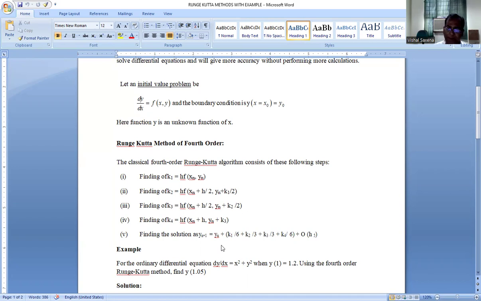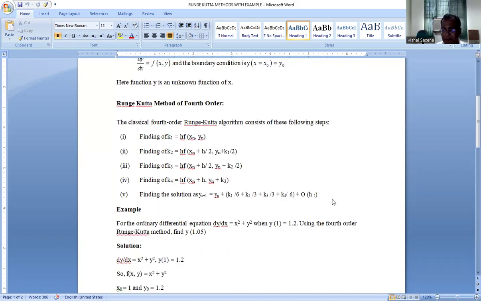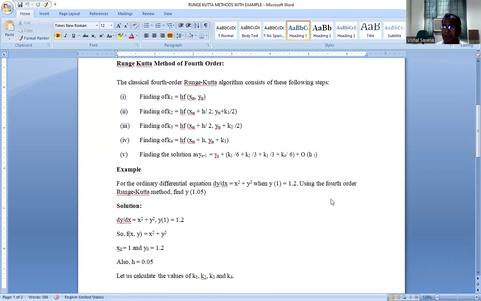Now we take one example to understand what this method is. Suppose we have a differential equation, dy by dx is equal to x square plus y square, when y(1) is equal to 1.2. It means the initial value of x is given as 1, so that is taken as x naught, and the initial value of y is taken as y naught, and this is 1.2.